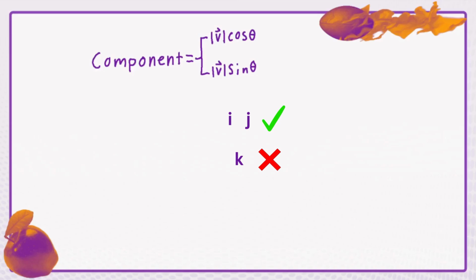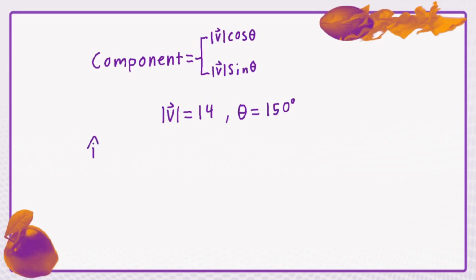Let's try using these equations to find the component form of a vector. Here we have a vector with a magnitude of 14 and an angle of 150 degrees. Let's try to find the component form of the vector using the equations. To find the i component, we need to use the equation with cosine.